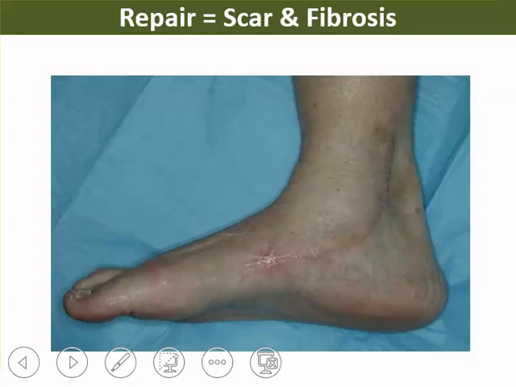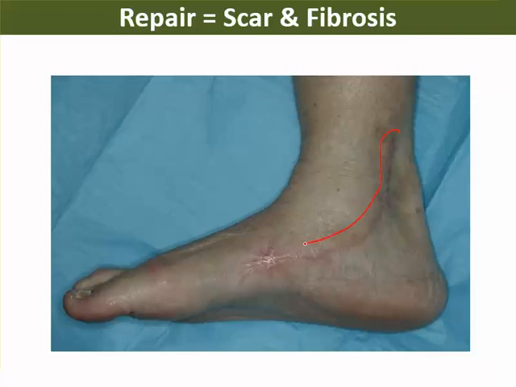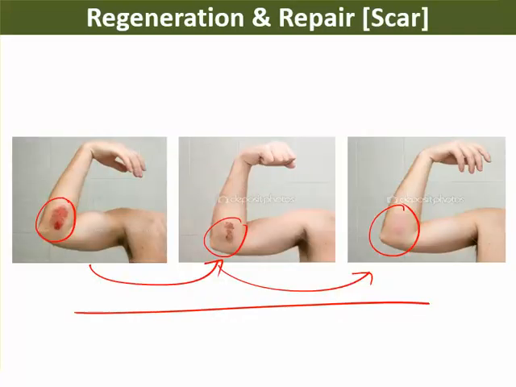See, this is surgical incision, right? In that surgical incision, they put a deep incision, right? That involves the epidermis, it involves the dermis. So it is replaced by collagen. When it is replaced by collagen, you can see a scar, right? See, you can compare this wound and this wound.